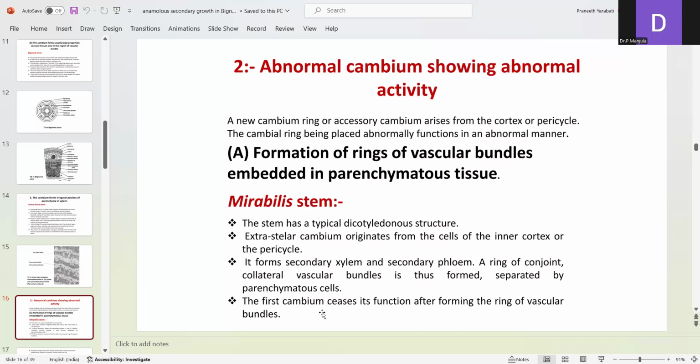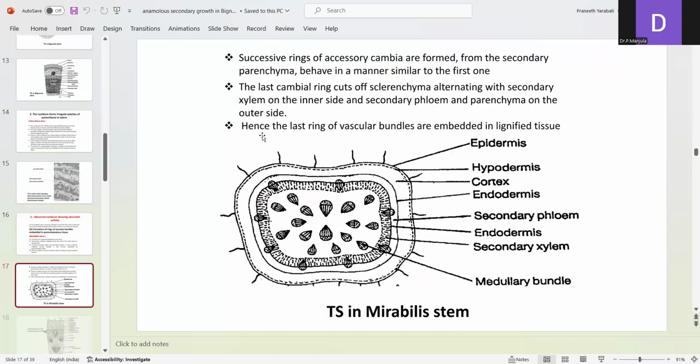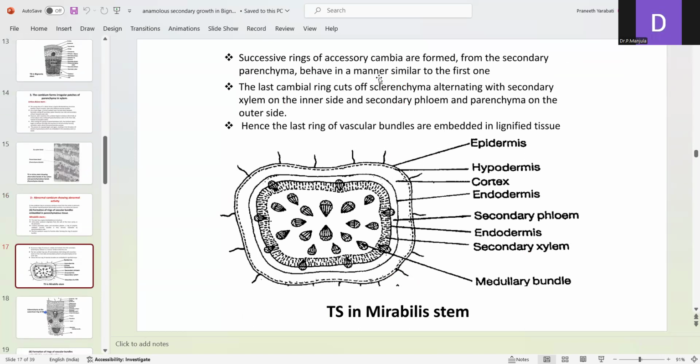The first cambium ceases its function after forming the ring of vascular bundles. The cambium which is present stops its function after forming these vascular bundles in the accessory region. So the successive cambium is formed from the secondary parenchyma, and again it behaves in a manner similar to the first one.